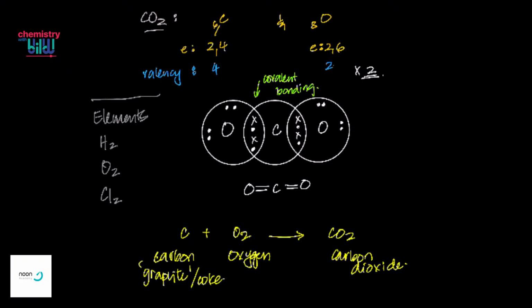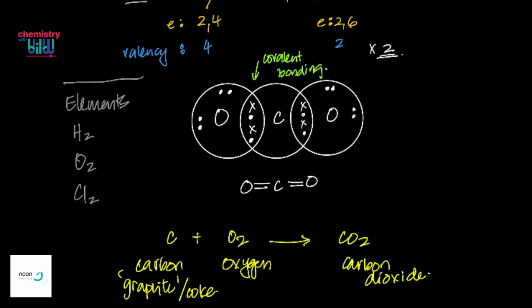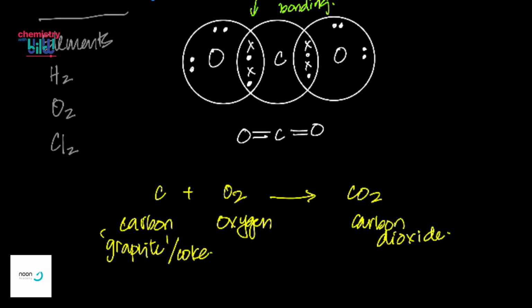Let's at least focus on these three. These are three elements found as diatomic molecules. And why? Because they react with each other to make bonds. We've done bonding earlier, so hydrogen, oxygen, chlorine are found as already bonded molecules.